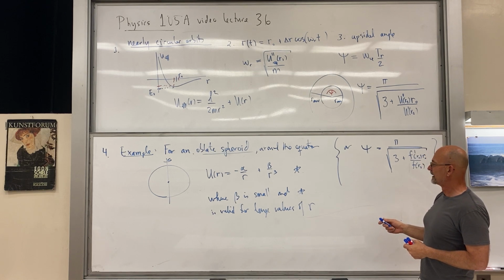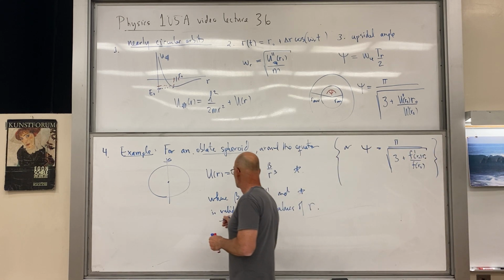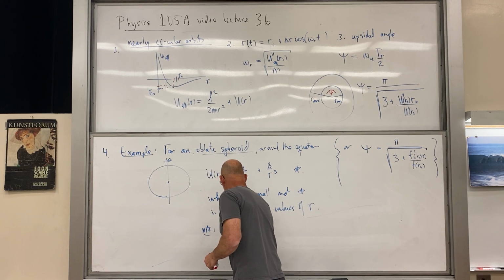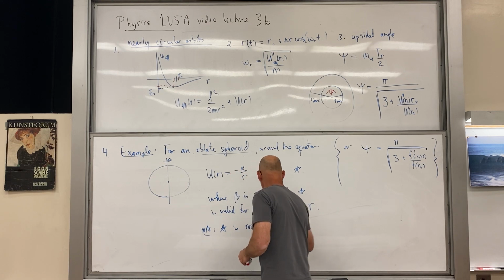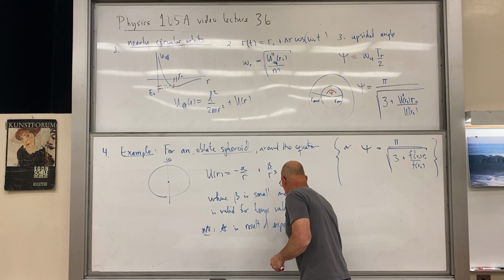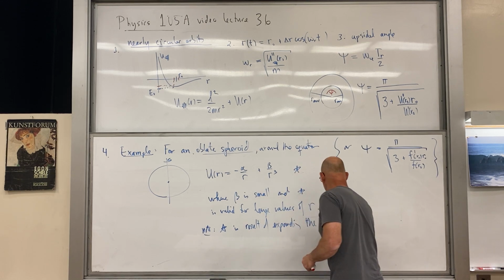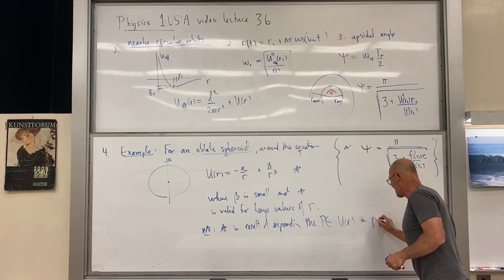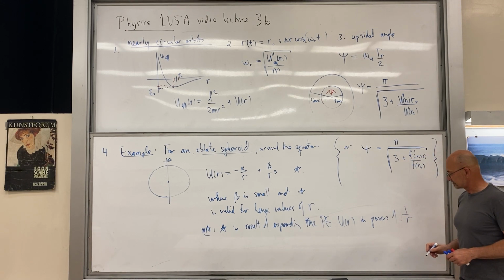What else should I... Large values of r. So I'll just put this as a note. Star is the result of expanding the potential energy U of r in powers of 1 over r for large r.